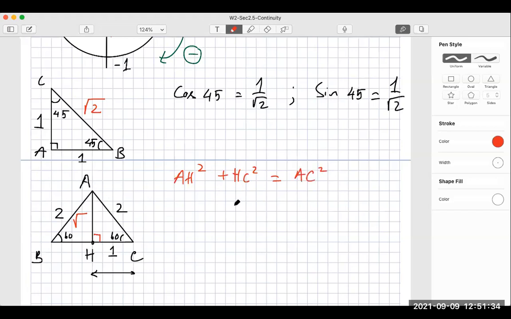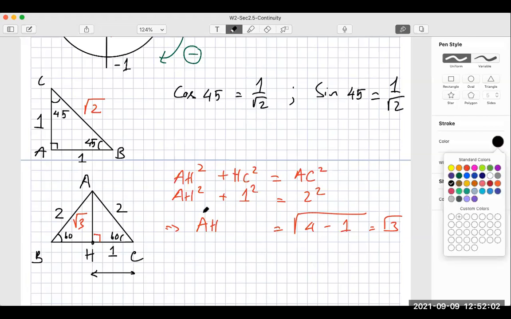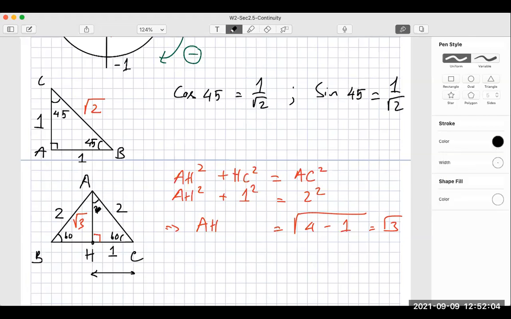AC squared. HC is given, right? AC is given. Can we find AH? What is it? Very good. Therefore, this small angle would be 30 degrees, right?